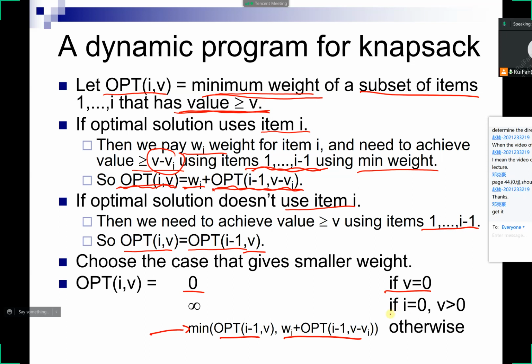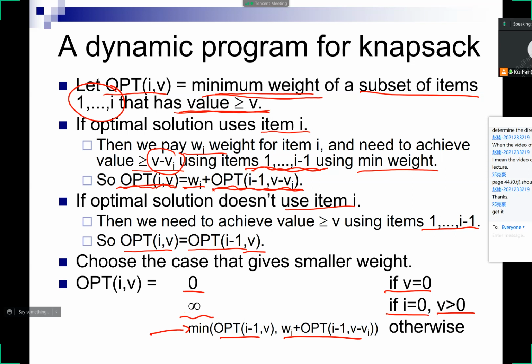On the other hand, if you need to achieve some positive value, however I is equal to 0, meaning you cannot use any items, you're only allowed to use items 1 up to I, and here you're trying to not use any items but you want to achieve a positive value. Well, that's impossible, and so you set the weight required to be infinite to indicate that it's impossible.